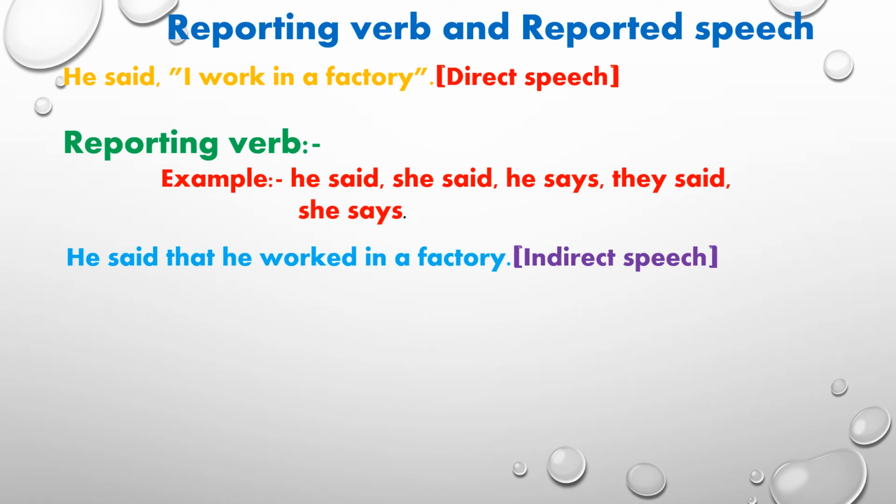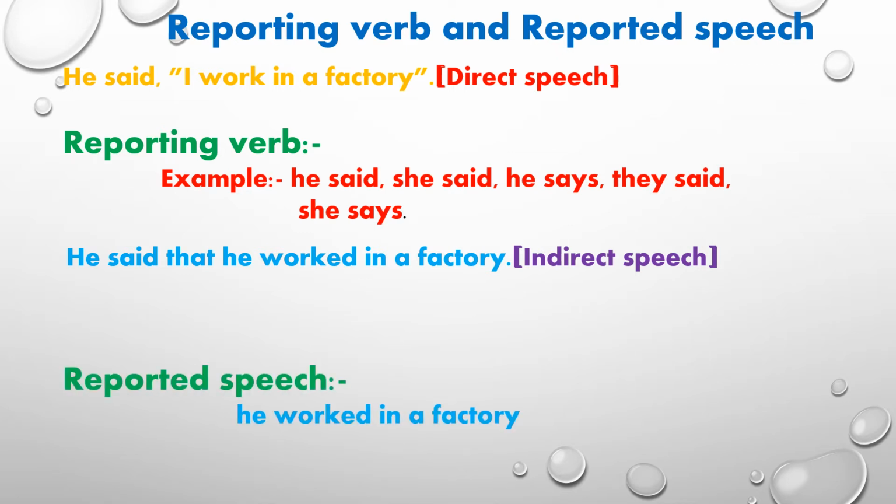For example, a sentence of indirect speech is, he said that he worked in a factory. In this sentence, the second part, he worked in a factory, is called reported speech. So, the reporting verb is said in this sentence. He worked in a factory is called reported speech.